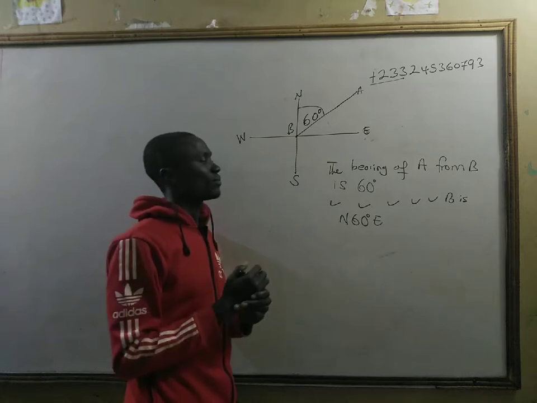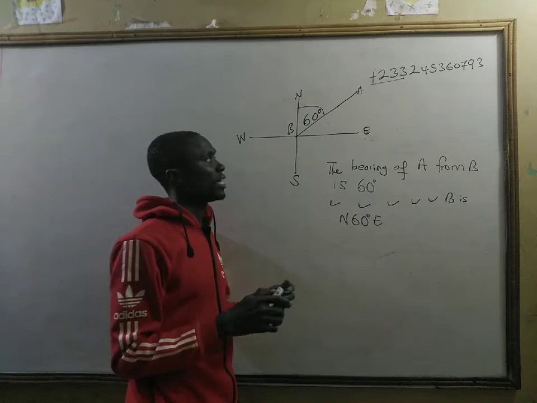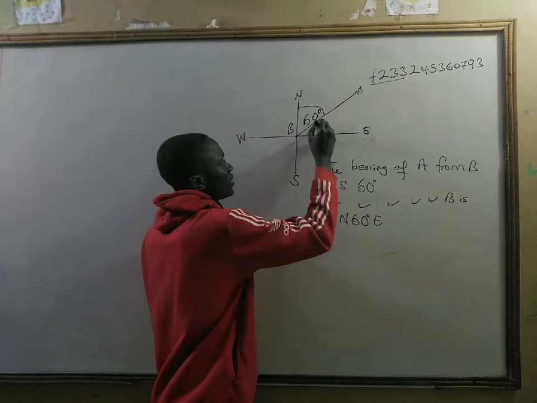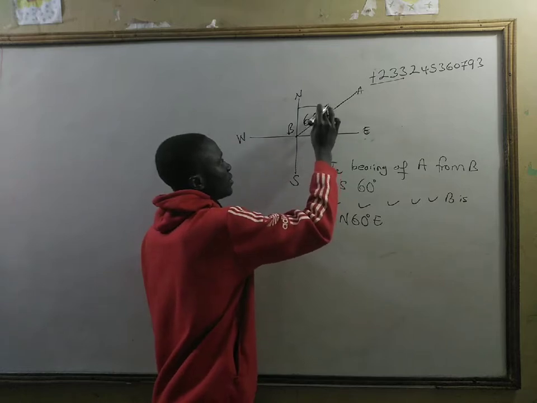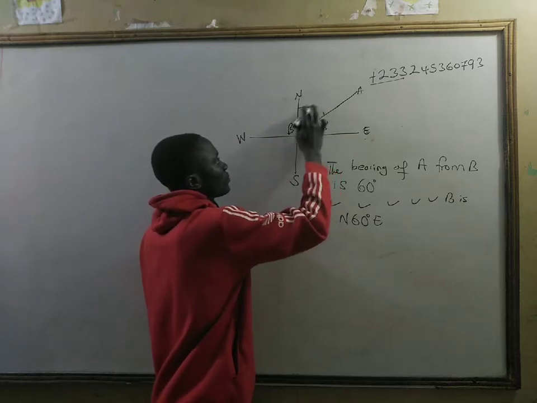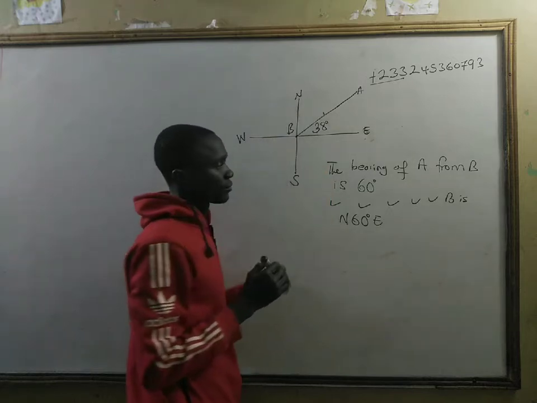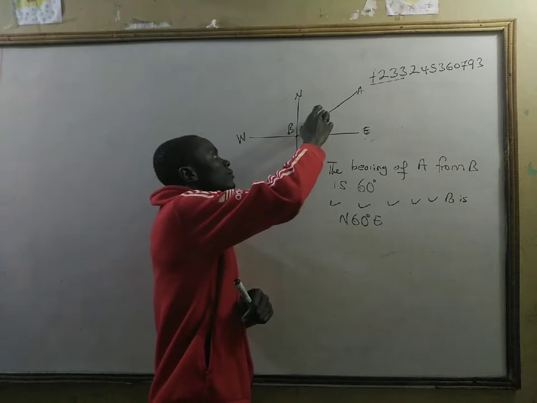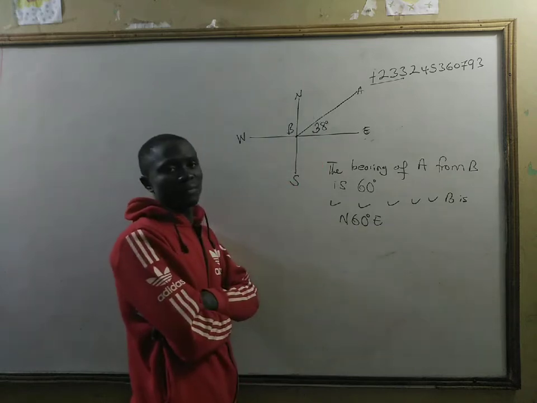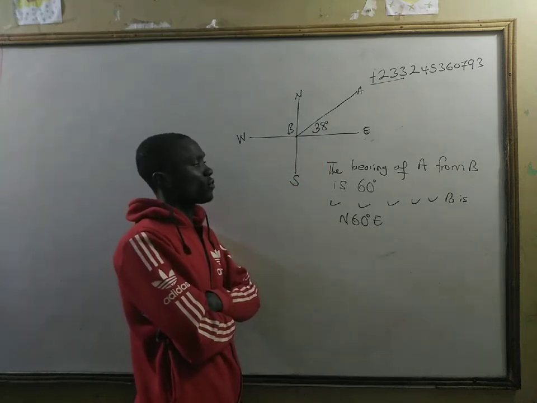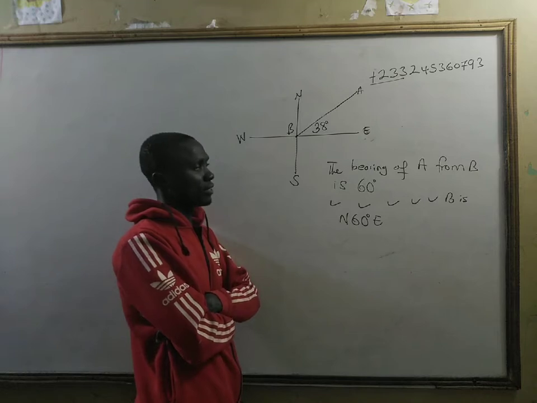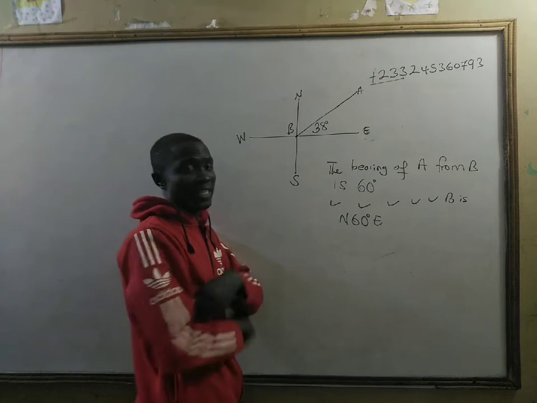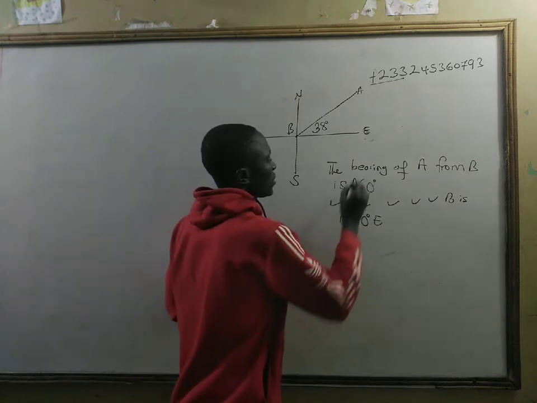Now, what about if I have this? Let me put, let's say, a value for A here and clean this one. In terms of the three-figure bearing, we said we write 3 digits, right? So let me add 0 here.